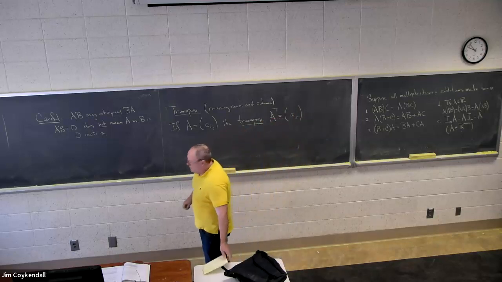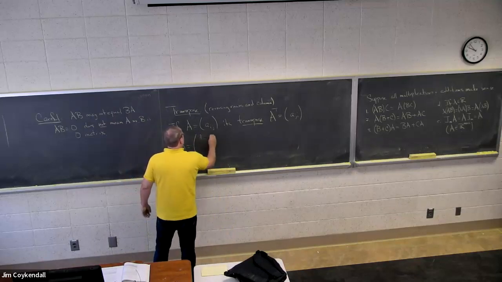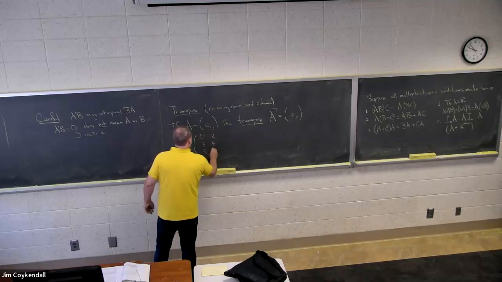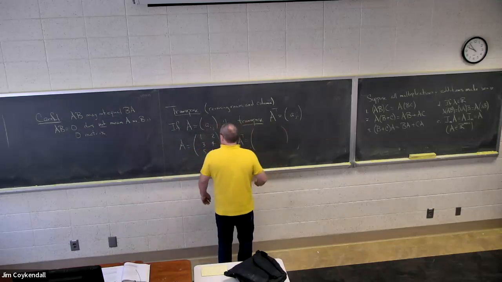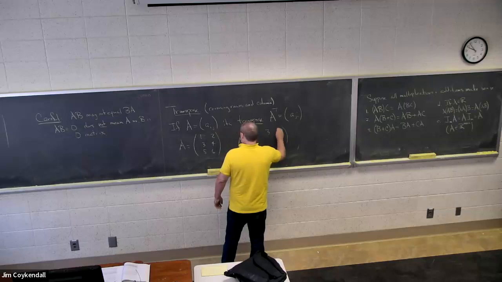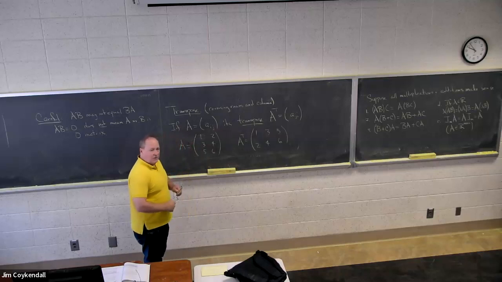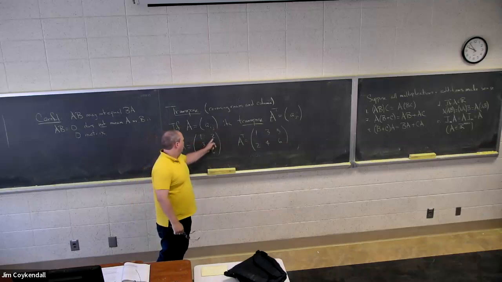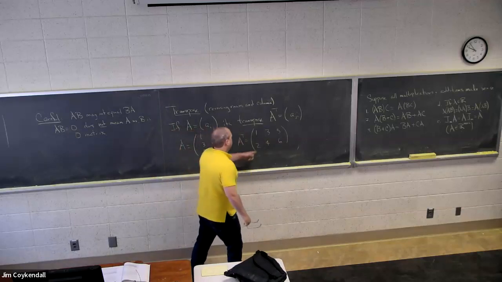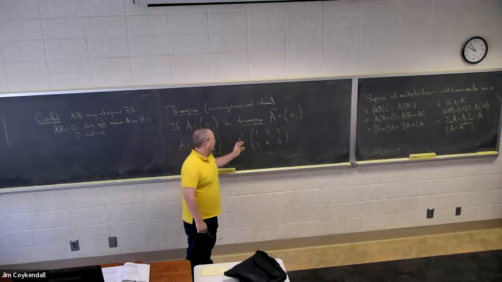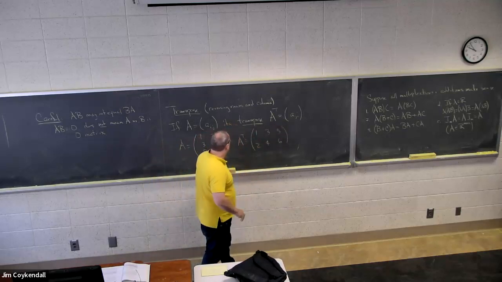So for example, if A is 1, 2, 3, 4, 5, 6, then A transpose is 1, 3, 5. So notice you interchange the notion of row and column. The first row here is the first column here. Second row here is the second column here. Third row here is the third column here. First column here, first row here. That's what this means. I interchange every Aij with Aji.